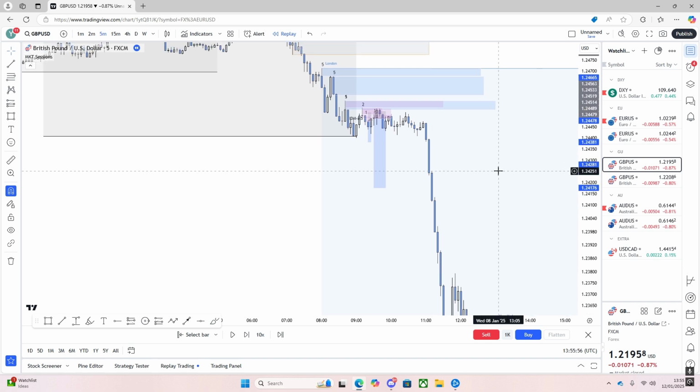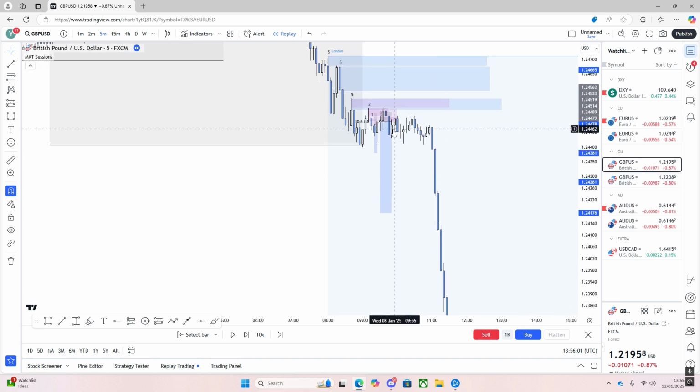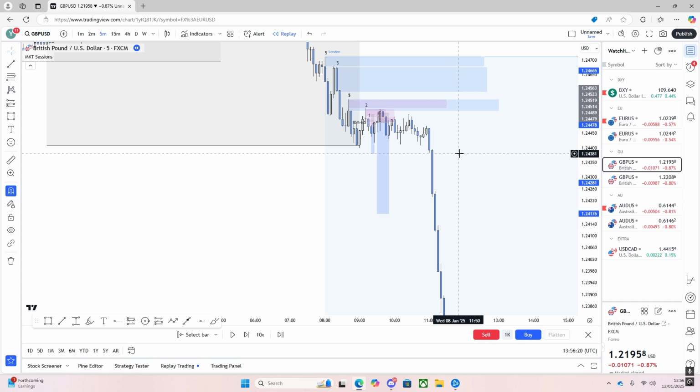But this is why I like the strategy at the end of the day. The direction is right, but just the exact entry sometimes can be wrong, because that's just the market, it's the reality of the market. Okay, you can't always get every single trade right to the dot. So that's how it is.